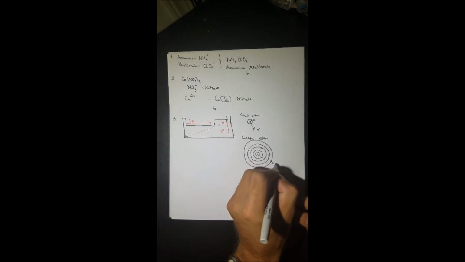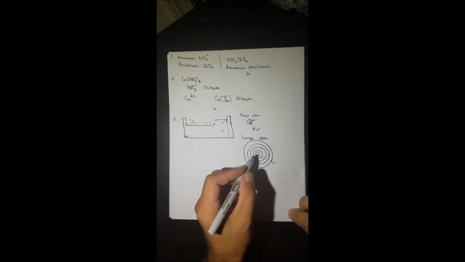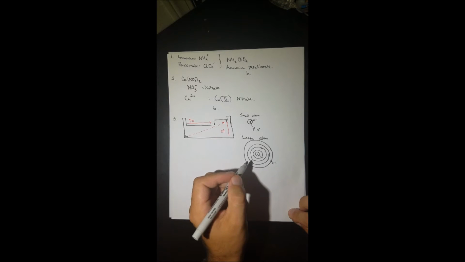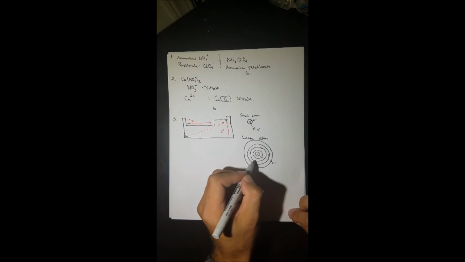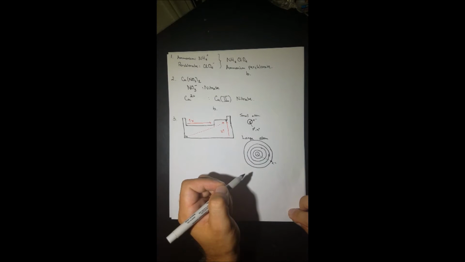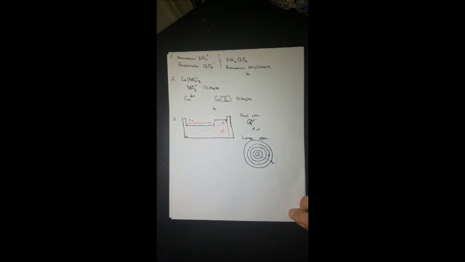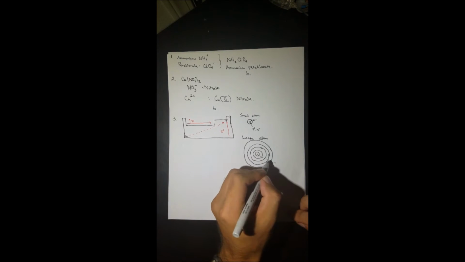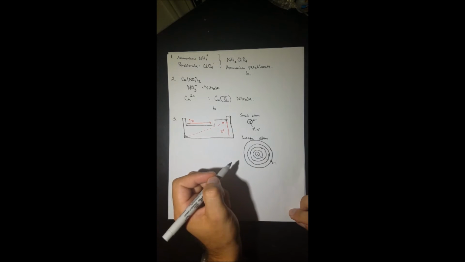That electron is not going to feel as much attraction to the nucleus because it's shielded from the nucleus by the electrons that are closer to it. So this electron is going to feel a lesser attraction to the nucleus.